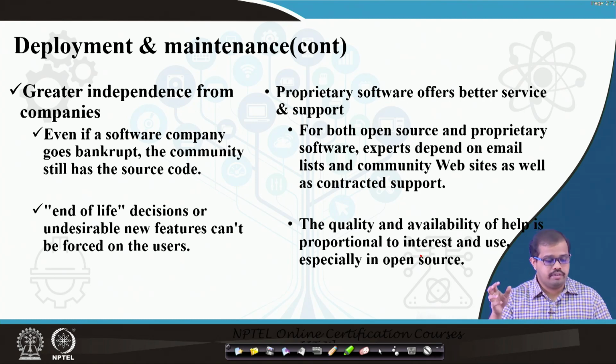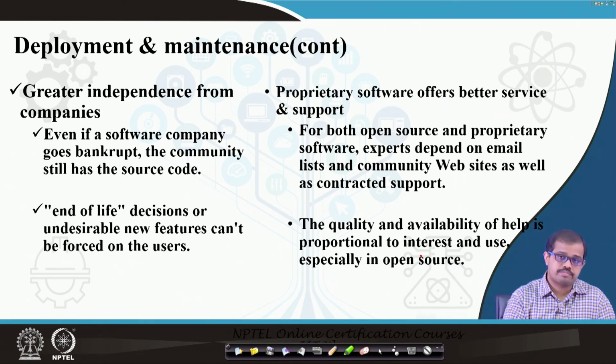Then, even if the software company goes out of business, a very important thing. See, for example, let's say there is one software which you are completely dependent on. You have bought that software, it's proprietary software. Now tomorrow, if that company goes bankrupt and there are no updates, no patches, and it shuts down, then the thing you are completely dependent on for your research, the entire thing goes in vain.